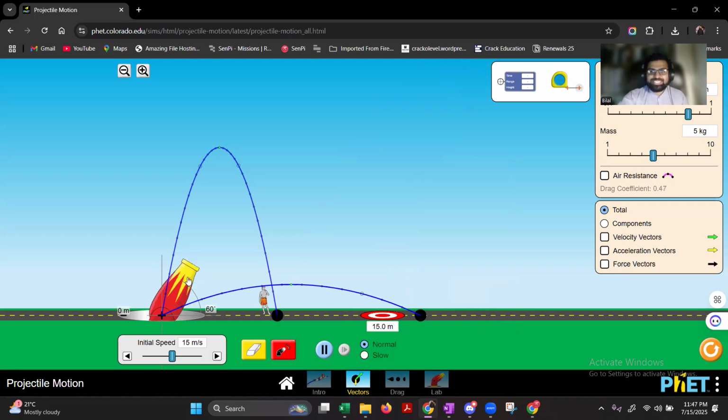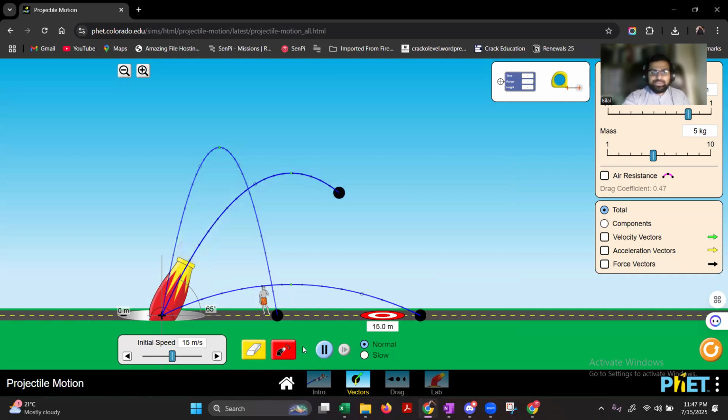Let's see which one, this is very interesting. You can change the angle, but you will get the same range. And that will be, let me check, I think 65 degrees. Let's check if I'm right or wrong. You can bet on me that this projectile will reach the same spot or not. Let's see.